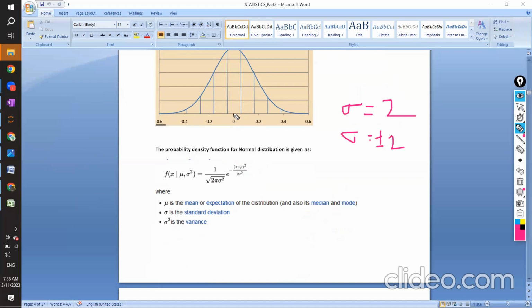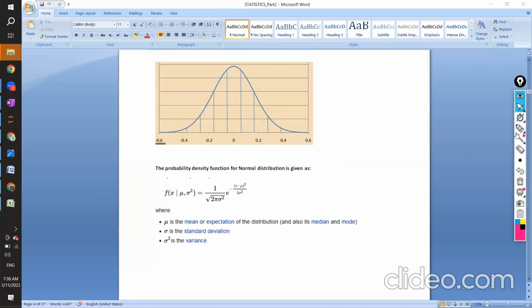That means it could be plus 2 or minus 2. You should consider from minus 2 to 2. This is one standard deviation. To tell you an actual scenario, when someone says, show me the area of one standard deviation, now we are speaking something practical. Take a distribution with mean equal to 0 and standard deviation equal to 5.